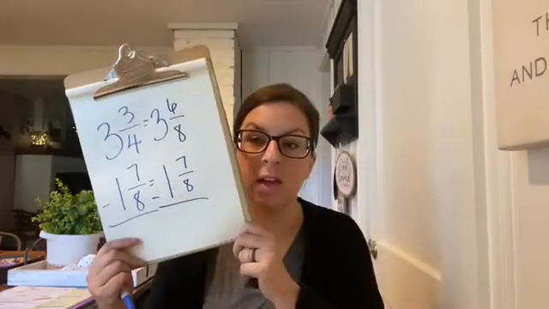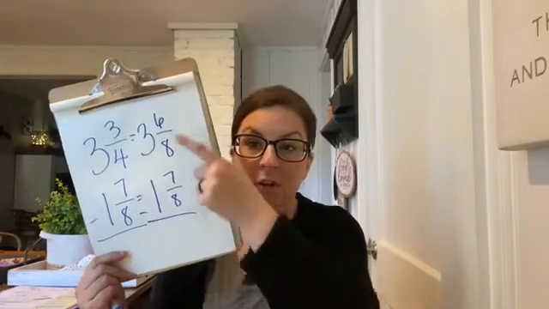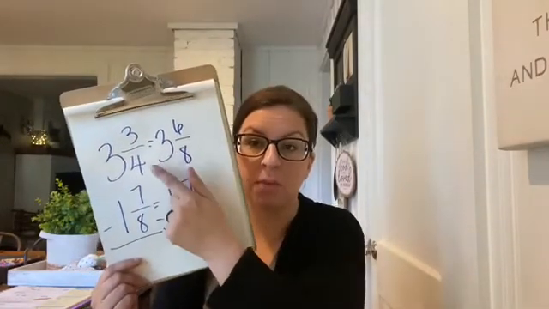Okay, so 1 7/8 is going to stay the same, and then 3 3/4 is going to be 3 6/8. Okay, so right here we can see that you cannot take 7 from 6, so we're going to have to borrow from the 3.